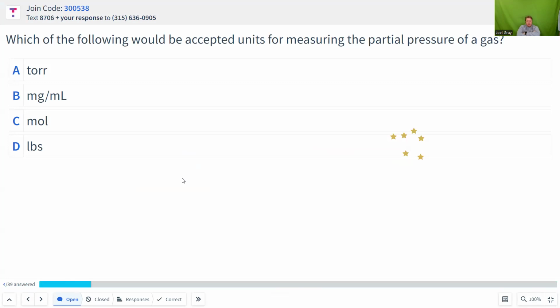Hmm. This one's kind of tricky. We're getting some good responses on this one. I'm happy about that. I'm not looking at the responses, I'm just saying the numbers.